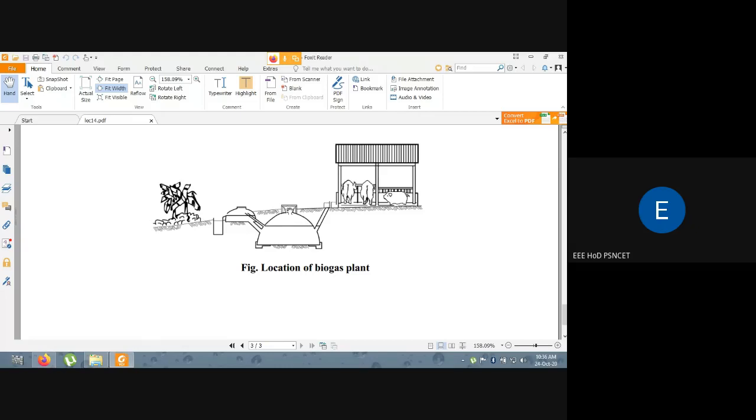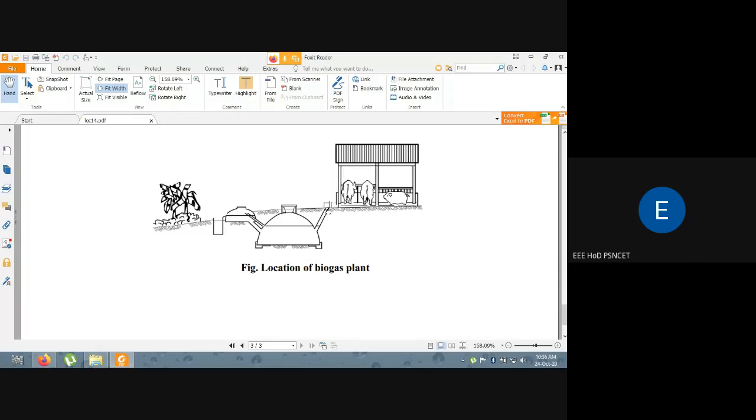This is the gas tube, the gas can be extracted, and finally this is the outlet chamber. The slurry from that outlet chamber can be used as fertilizer for the agricultural land.